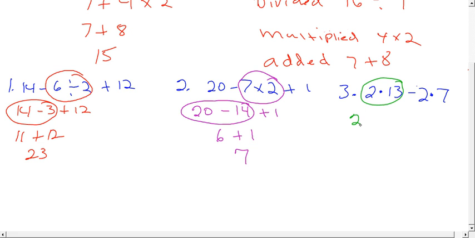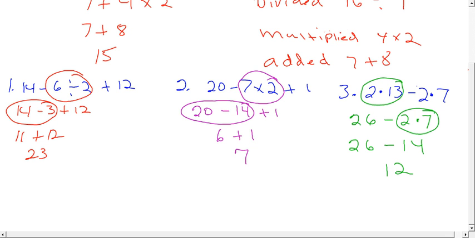That's going to give us 26 minus 2 times 7. Now I see 2 times 7. That's going to give me 26 minus 14, and of course 26 minus 14 is 12.